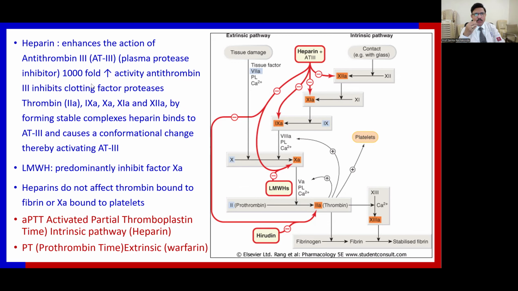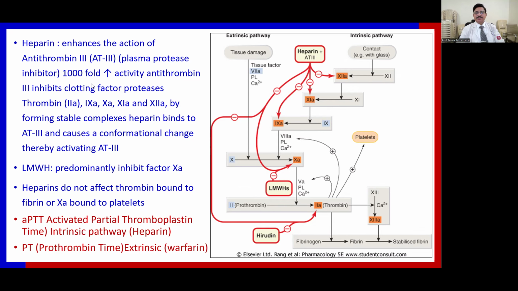It does not have to do anything with factor 9, factor 12, or 11, or 8. That is why we don't require to monitor the clotting time when you are giving LMWH. Understand the logic?